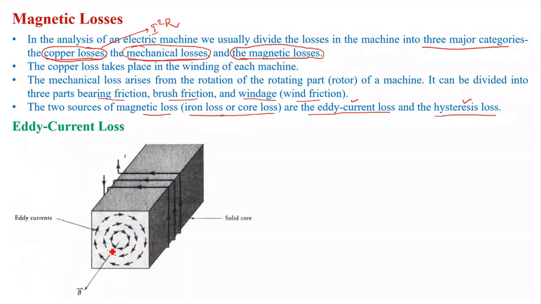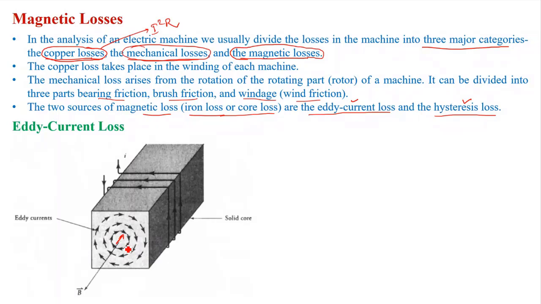Because of this alternating flux, the core will produce an EMF in itself, because it is a conducting material. Because of that EMF, current will flow in this fashion, enclosing the flux. This is the flux path in the cross section, and the circulating current flows around this flux.